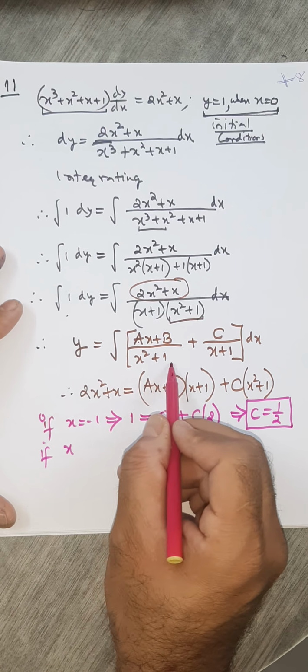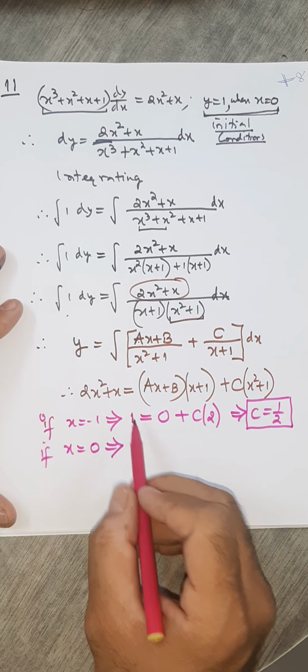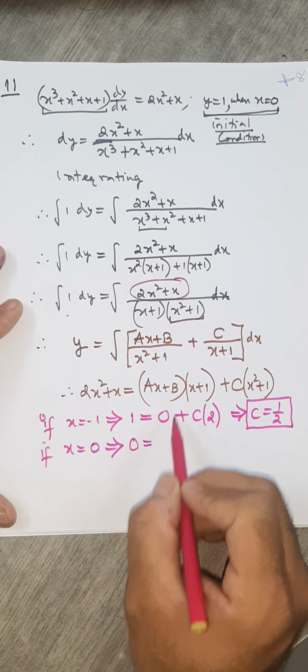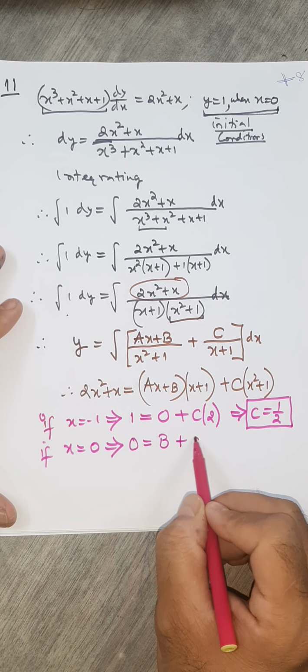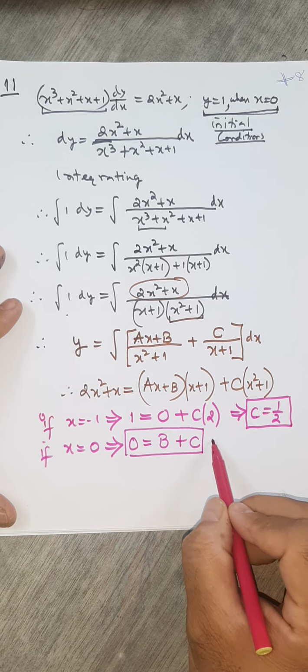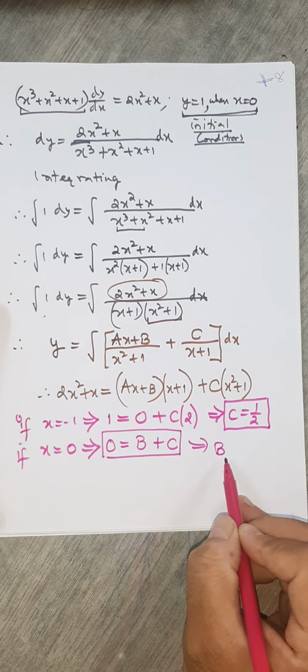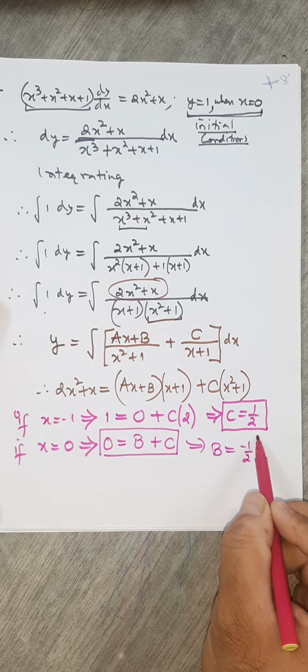There is no x for which this is 0, so you need to take x as 0. So this will be 0. Here this is b into 1, this is 0, so c. So b plus c is 0. But c is 1 by 2, therefore b is minus 1 by 2.